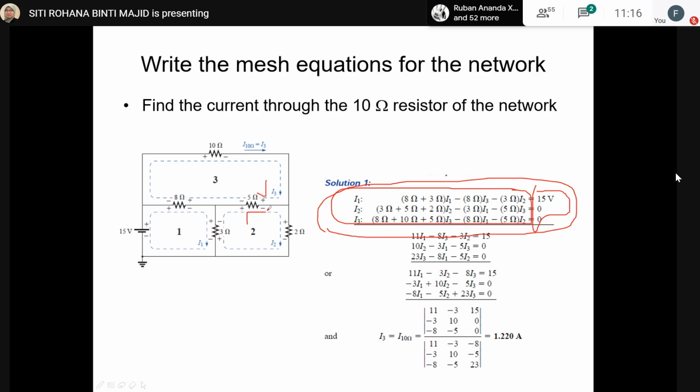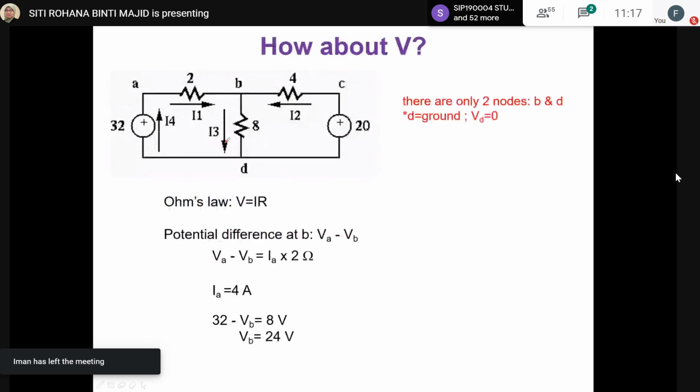You can show it like this, so you yourself understand that in this part they have two currents, and this part they have two currents, but this one is only one. Okay, so the next part, we only talked about current and resistor.